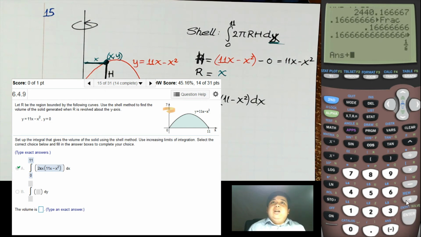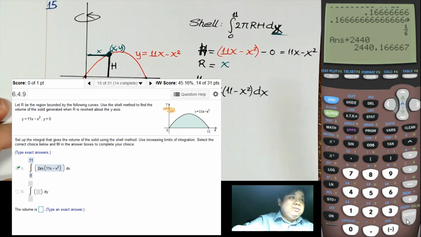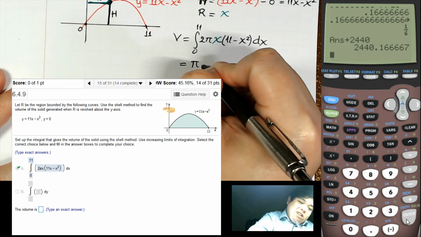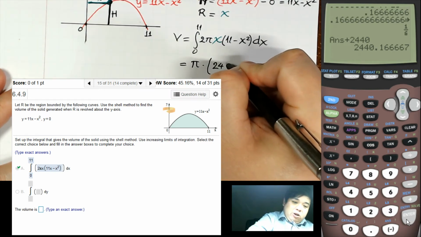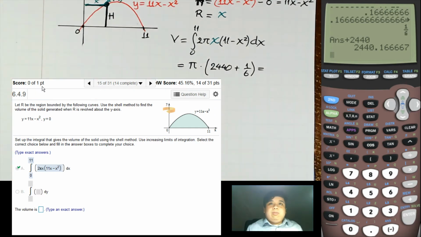Right, 16 plus 2440, pi times 2440 plus 16, times 6 plus 1.